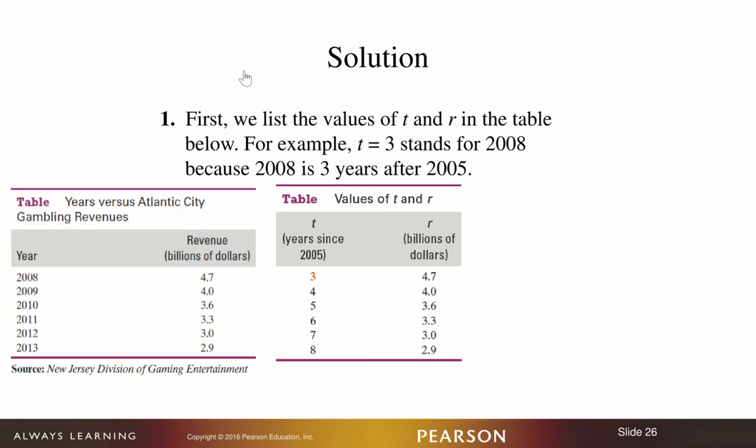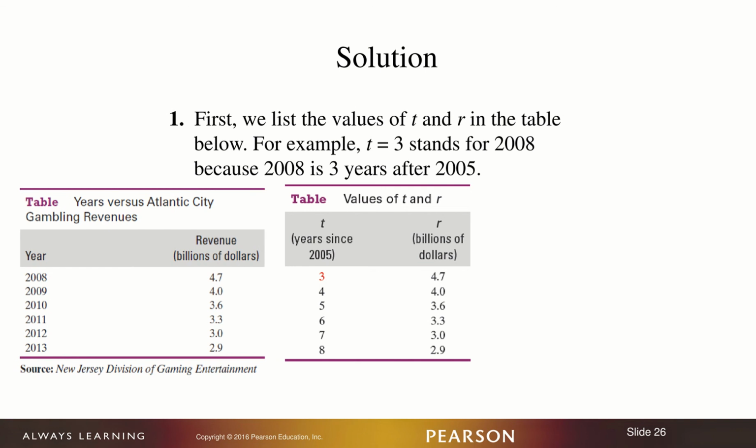All right, before we plot our scatter plot, notice that usually we're not going to want to work with numbers this big for our plot, right? So what we'll do is we'll pick a reference here, such as 2005, and we'll let t represent the number of years since that reference year, right? So in this case, notice 2008 minus 2005 will give us 3.